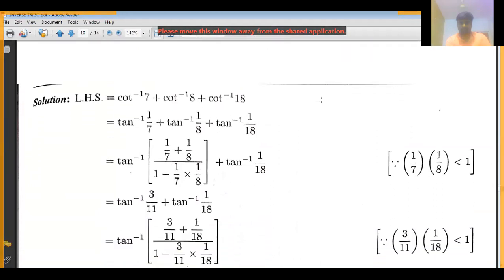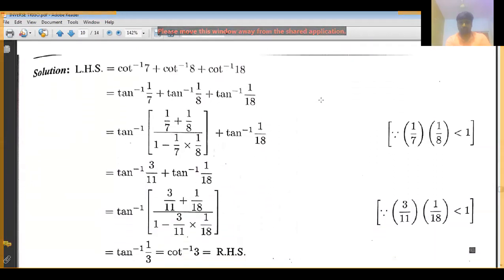Now see here. Just prove that cot inverse of 7 plus cot inverse of 8 plus cot inverse of 18 equals cot inverse of 3. Here also it is prove that. Understood?